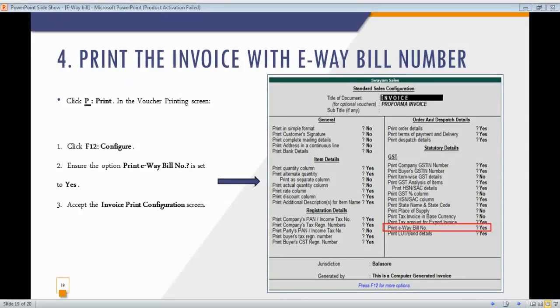So you can see here that everything will be set, that is general, item details, registration details, order and dispatch details, all basic. If it is important, you can set it as yes. If you want any new thing, you can set it as yes. But in this statutory detail, it is very important that you ensure the option print e-way bill number is set as yes.